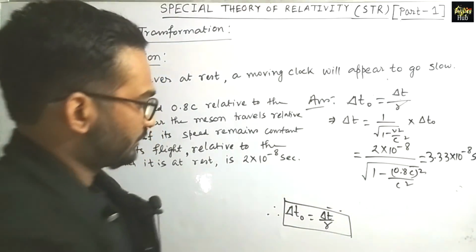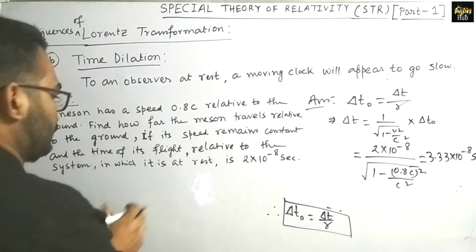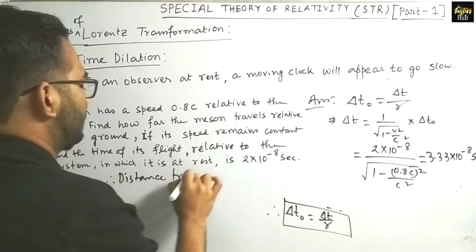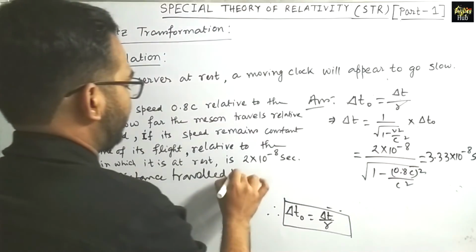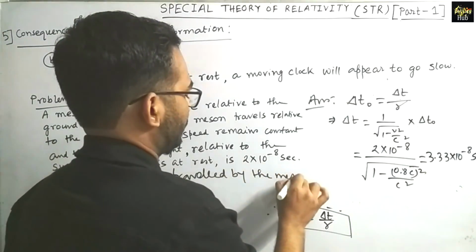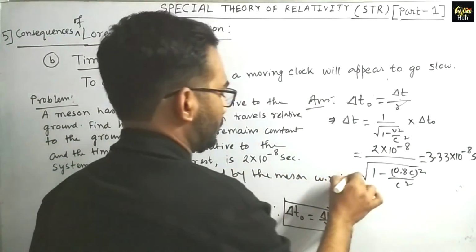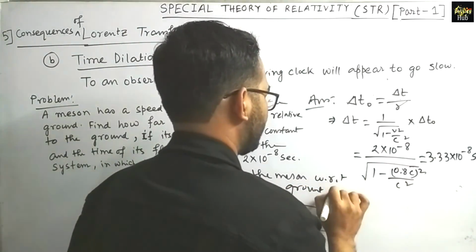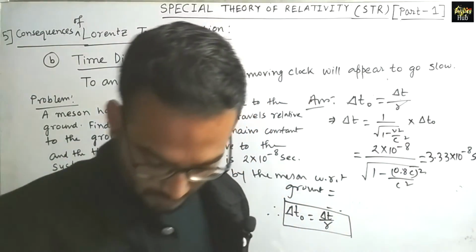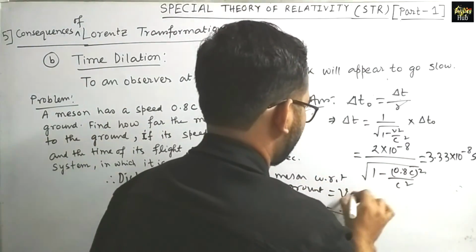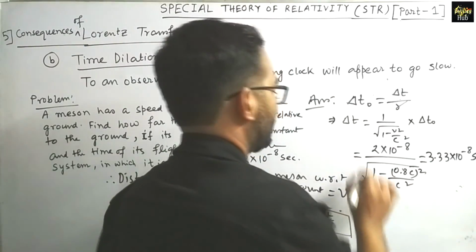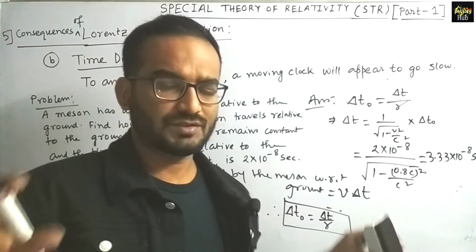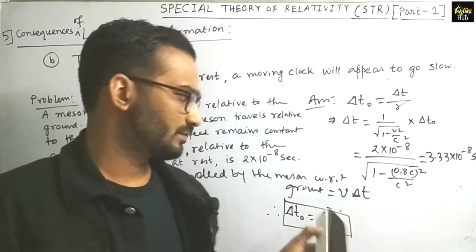Therefore, the distance traveled by the muon with respect to the ground is equal to v into delta t, because delta t is the time interval with respect to the ground and v is the constant velocity with which this muon is moving.